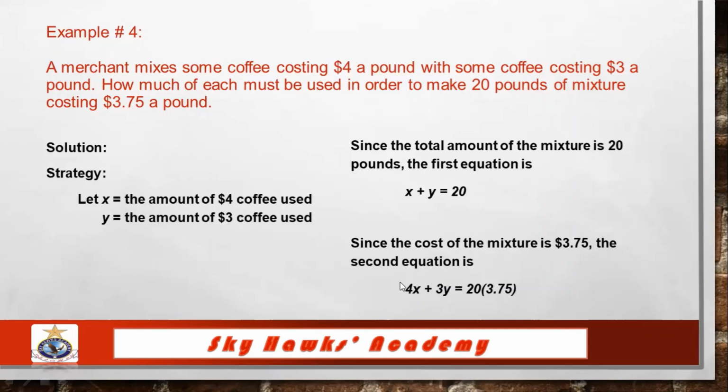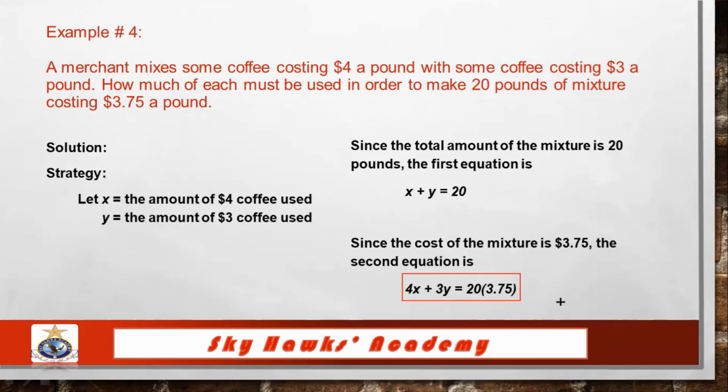The formation of the second equation is a little bit tricky. How can you explain how we reached it? Four is the price, and X is the amount of coffee.